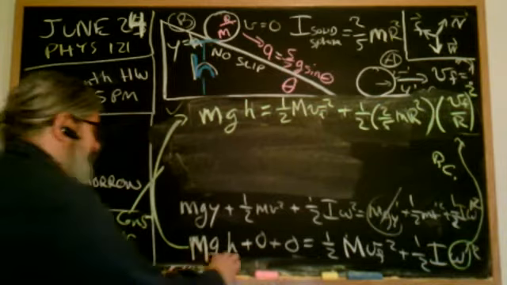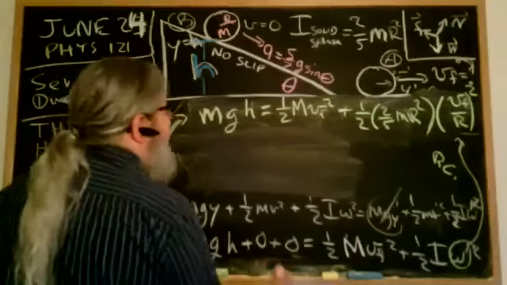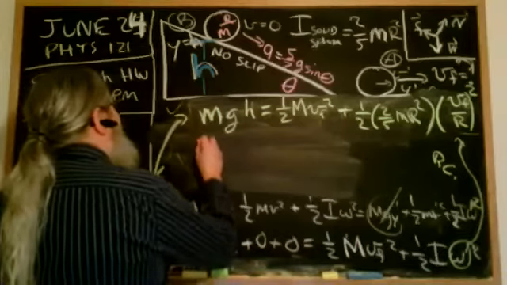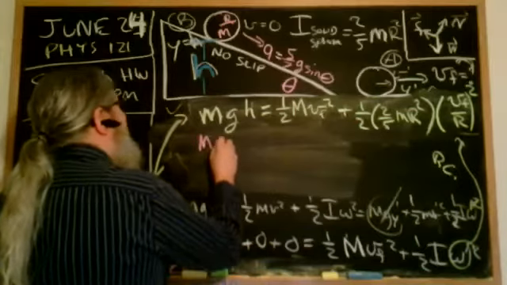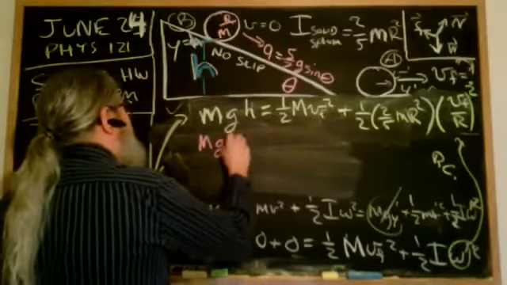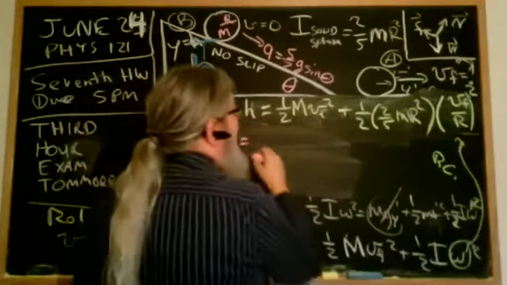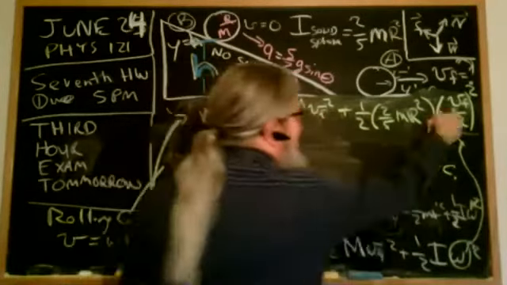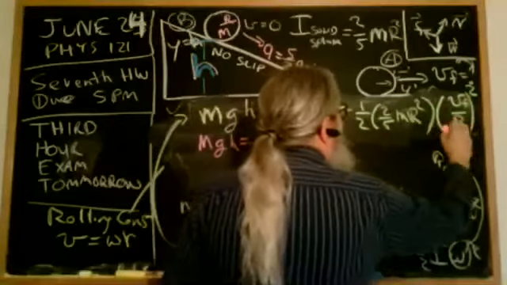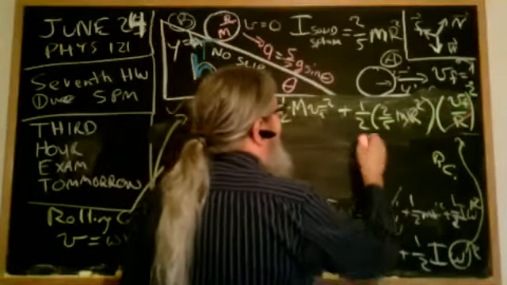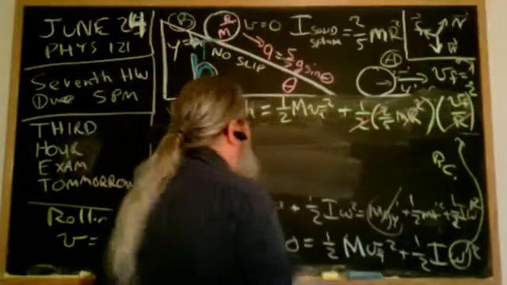Okay. And then the rest is just algebra, and it's not that interesting, but let's see what we get. So we get big M times gh equals, well, let's see what I've got here. Look, that's squared, so those R's cancel. That's nice. And I've got 1/2 times 2/5, that cancels.